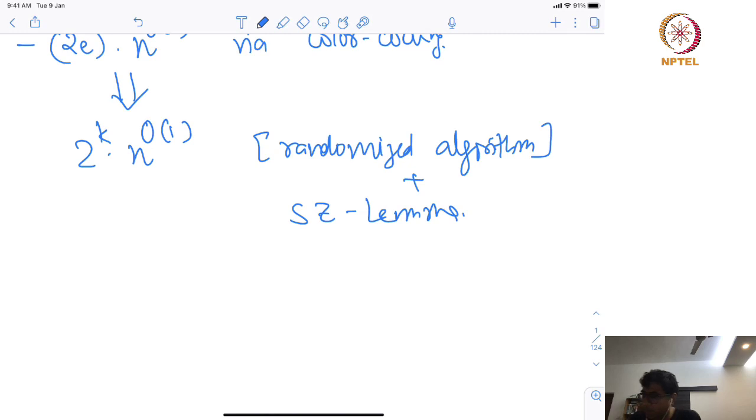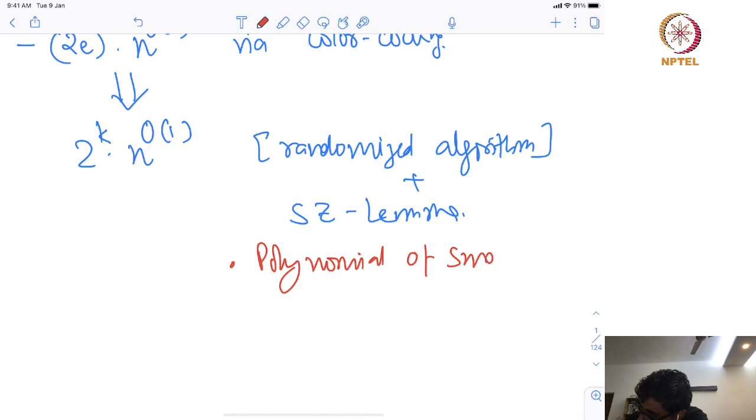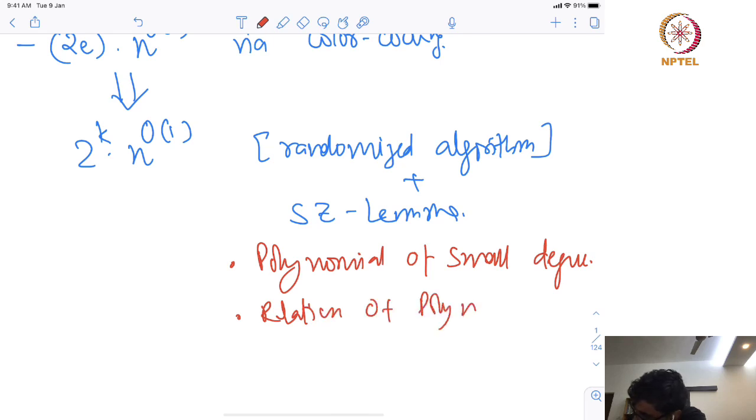So what are the ingredients to apply the Schwartz Zippel lemma? We need a polynomial of small degree, whatever that means, and a relation of the polynomial evaluation to our problem.